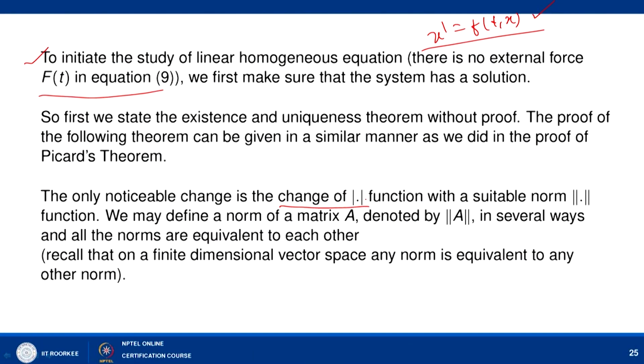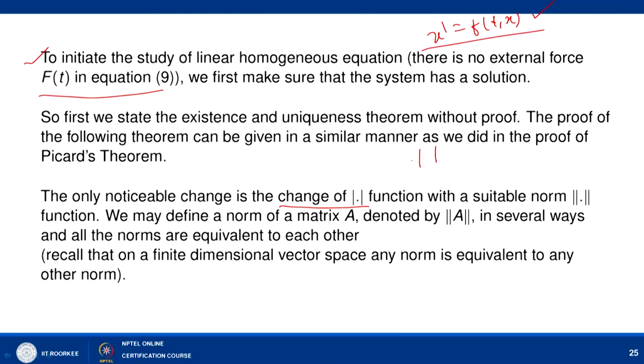The only change in the case of a vector valued system of linear equations compared to the scalar valued case is the notation of the modulus function. In the scalar valued case, the modulus represents the absolute difference between the points, but here the modulus is replaced by the corresponding norm.